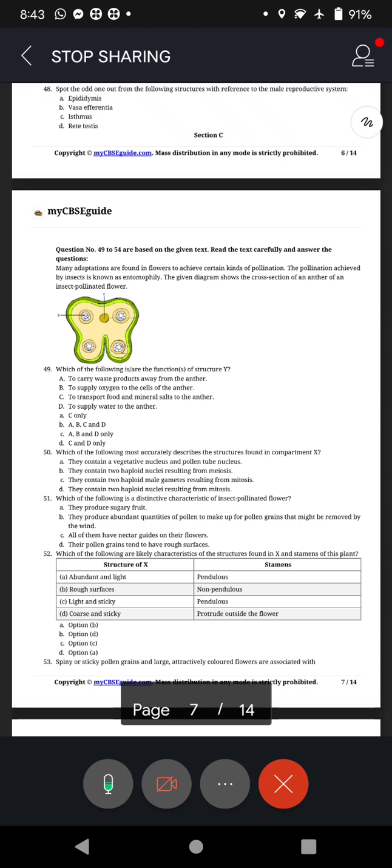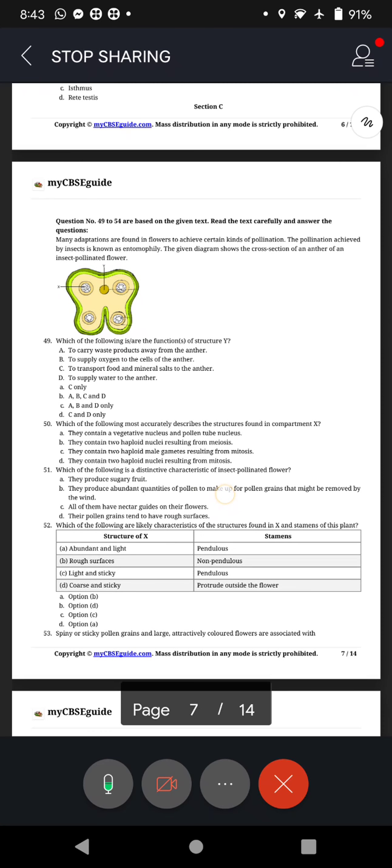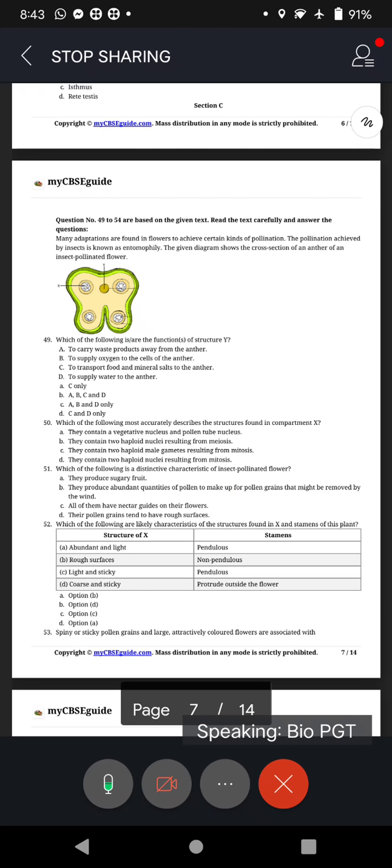Now first identify structure Y. Could you identify where is the structure Y? In your own mobile sets or laptops, you just expand the diagram. Identify Y. Now alternatives. A, to carry waste products away from the anther. B, to supply oxygen to the cells of the anther.